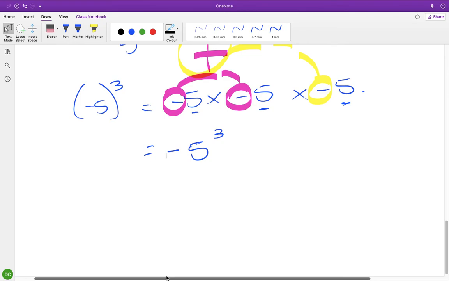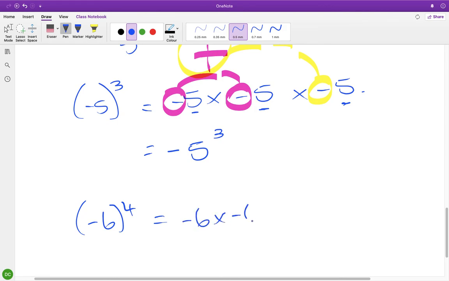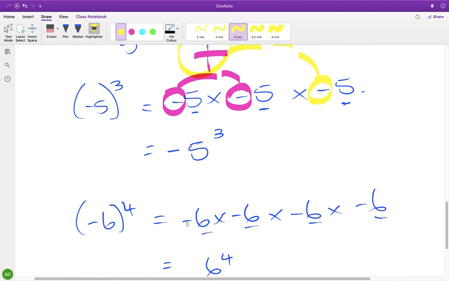Okay, if I try, I don't know, minus 6, say, to the power of 4. Okay, so that's 1, 2, 3, 4. So again, we don't really care what the answer is. There are 1, 2, 3, 4 6s, so that's 6 to the power of 4. Now let's look at the signs. So this one and this one, that is the same sign, and the same sign will give you a positive.